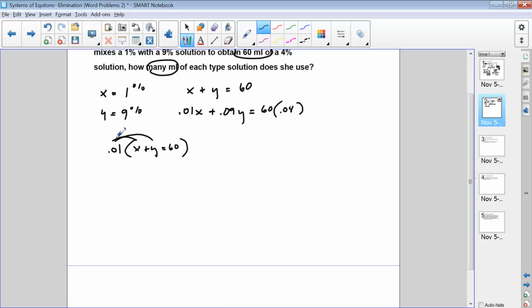That's going to give me 1/100th X plus 1/100th Y equals 6/10. And then 60 times 4/100 will be 2 4/10. And so I'm just going to rewrite this equation down here.